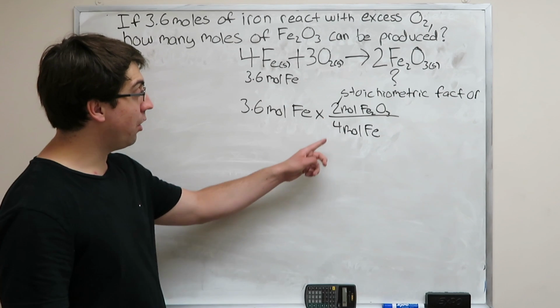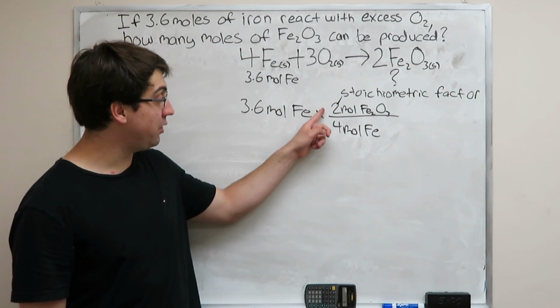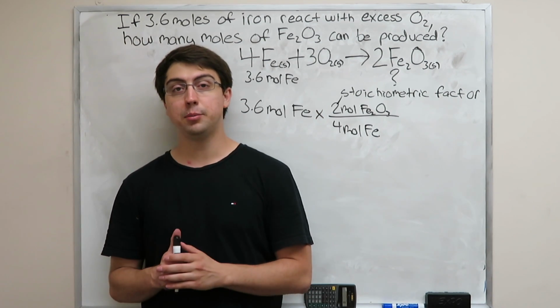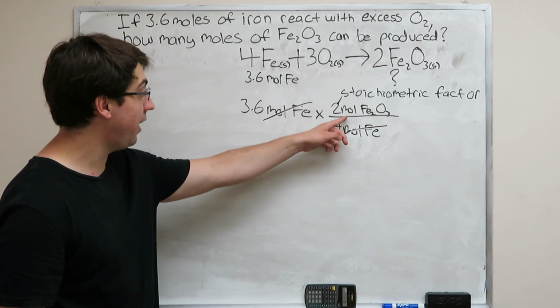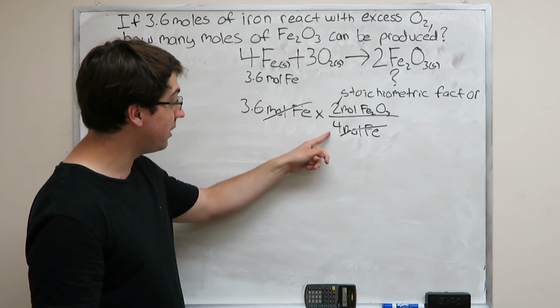This is our mole ratio. It's also known as a stoichiometric factor, and it shows that there is 2 moles of Fe2O3 required for every 4 moles of iron. It works just like converting between grams and moles. The moles of iron will cancel out, leaving us with moles of Fe2O3, and you just need to take the 3.6, multiply times 2, then divide by 4.